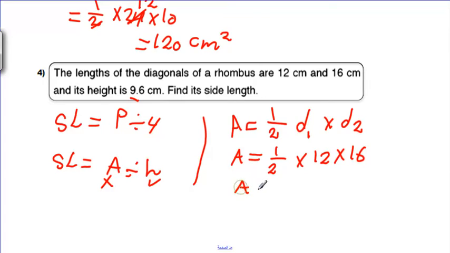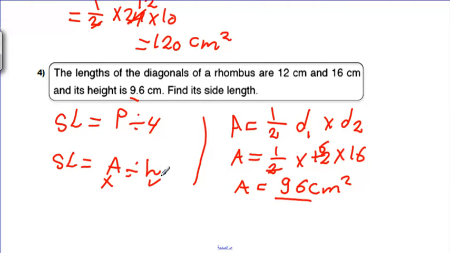So area will be equal half of 12 equals 6. 6 times 6, 36, 6 and carry 3. 6 times 1 equals 6 and 3 equals 9. It's 96. Area will be equal 96 centimeter square.